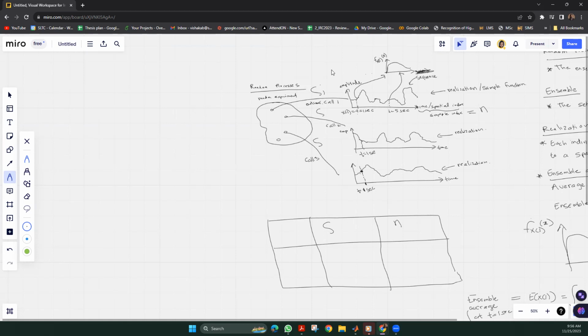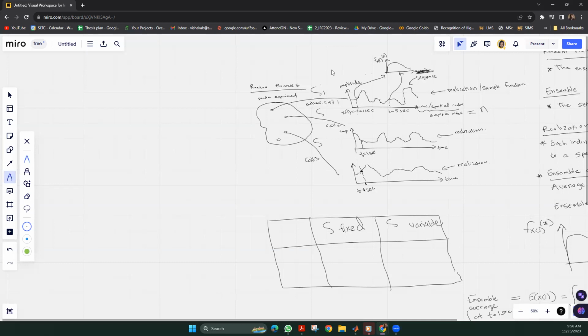The sample index can be another parameter that we use to define this random process. We can consider a case where we consider only one outcome, where theta is fixed, and a case where theta is varying, so theta is a variable.